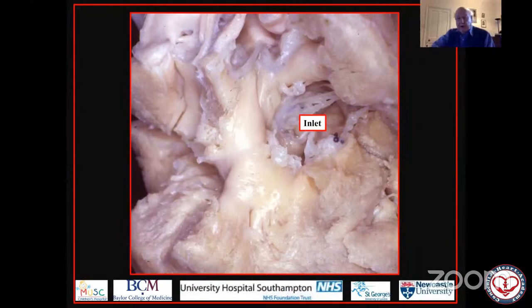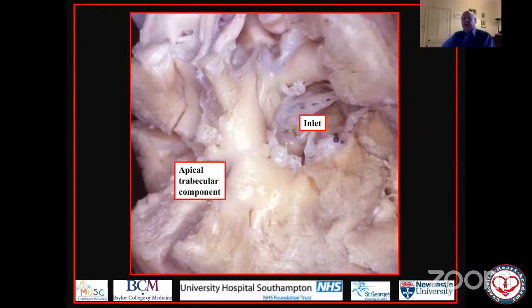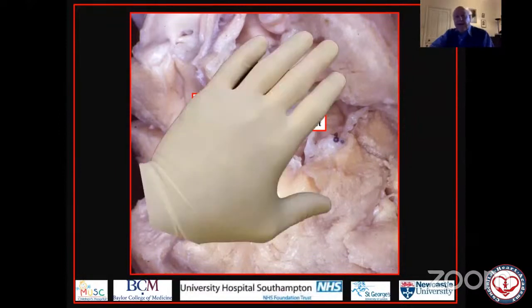The apical part is coming towards us. And remember, if it's an L-loop, we go from the right hand towards the left hand as we move to the apical trabecular component. And that is what is happening here. And then we go superiorly to the outlets. So this is a left-handed morphologically right ventricle.